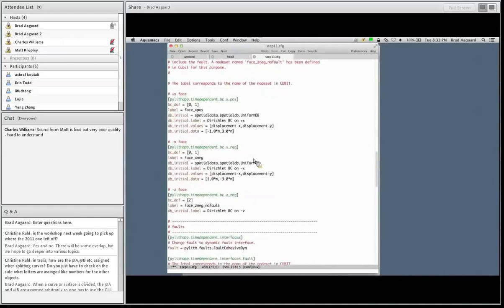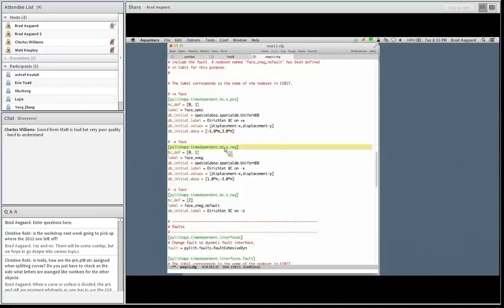Here are our boundary conditions. So with our static problem, what we're going to do is put some compression on the fault. So we'll put a -1 on the X positive face here. That's our node set from Qubit, where we constrain X and Y degrees of freedom. We're going to give it 1 meter of axial compression and 3 meters of lateral displacement.